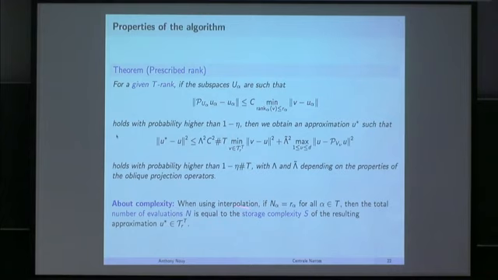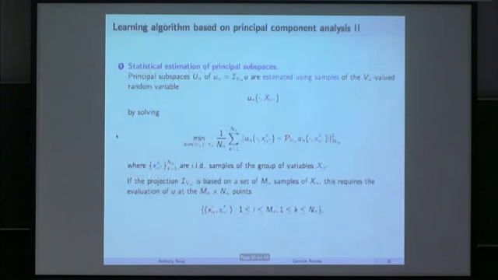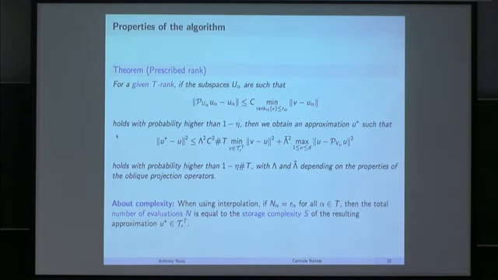Just a comment here about complexity. When you use interpolation, and you use for the estimation of the principal subspace just the minimal amount of information, how many partial samples of a function do you need to estimate a subspace of dimension R alpha? You need at least R alpha functions.